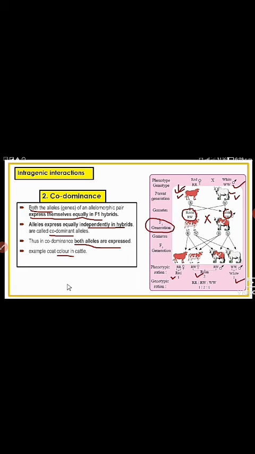The genotypic ratio is also 1:2:1. So it is called codominance. The difference between incomplete dominance and codominance is that here the expression is partial, and there it is equal. It's called codominance when equally expressed, and incomplete dominance when partially expressed.